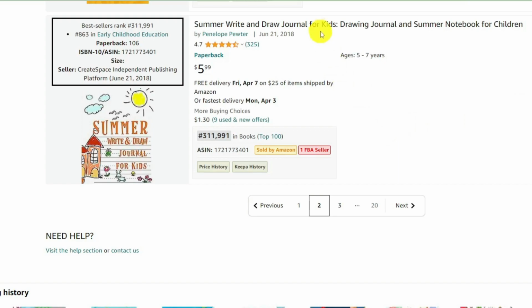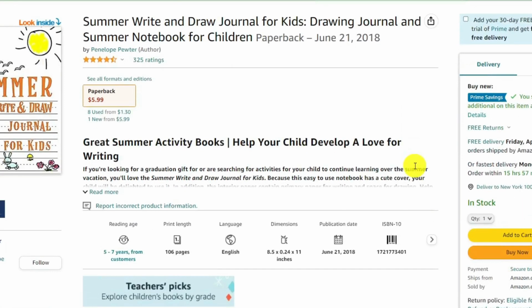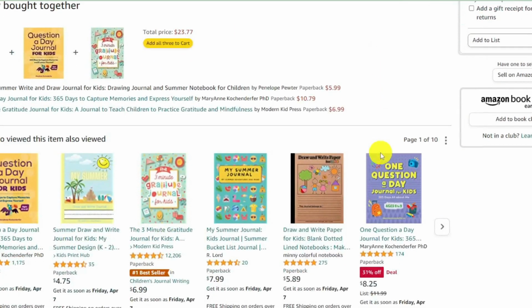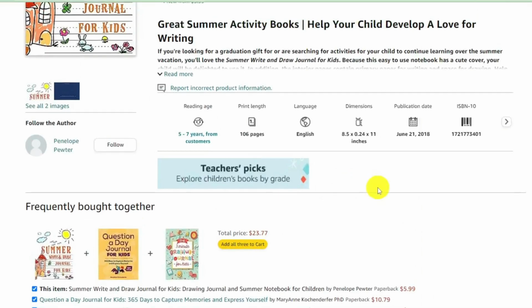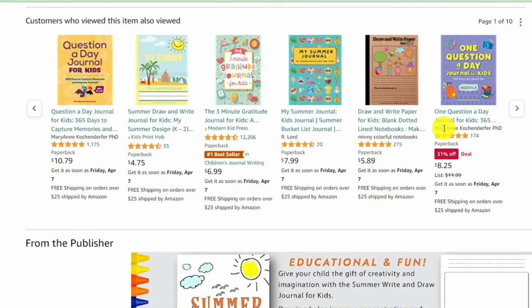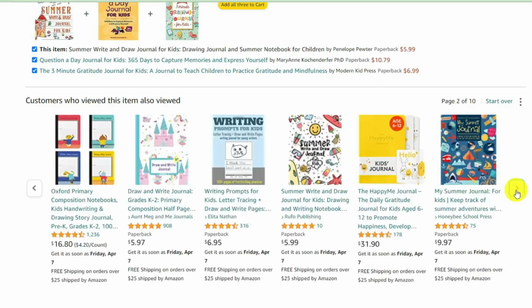So I'm going to go into this one here and have a bit of a look. So again, this is a 2018 release. It's a very well-established book and it's ranking on page 2 for that particular keyword. It might be ranking higher for others. But if we have a look down, what's also good is you've got this section: customers who viewed this item also bought. So if you find a theme that you like, you can just come down here and start clicking through onto different books and have a look at what you like.